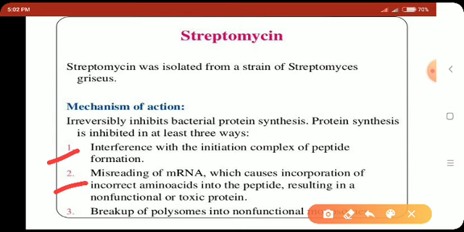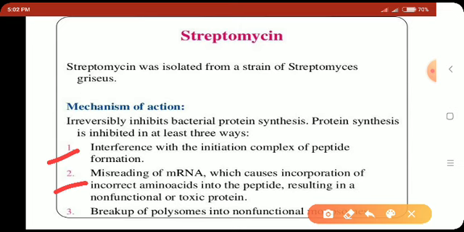Second way, misreading of mRNA, which causes incorporation of incorrect amino acids into the peptide, resulting in non-functional or toxic proteins.